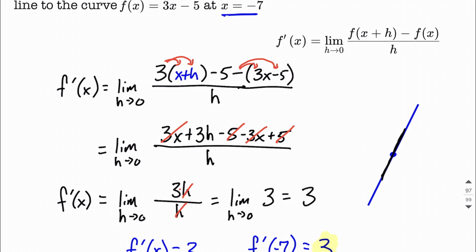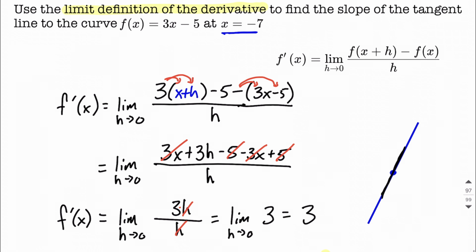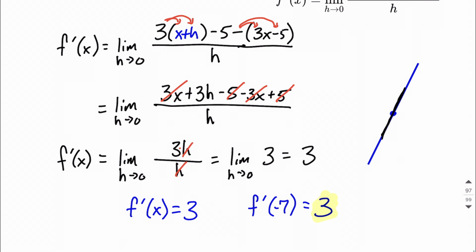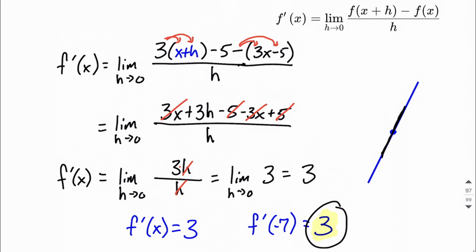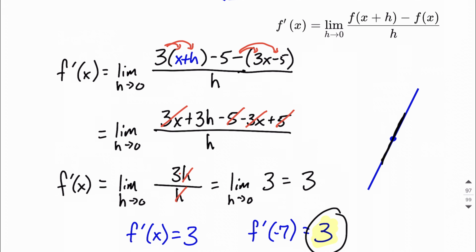It's going to have the exact same slope, meaning that since we're trying to find the slope of the tangent line to the curve, it's going to be the exact same as the slope of that line. So the slope of our line, sure enough, is 3. That's the slope of the tangent line to this curve as well.